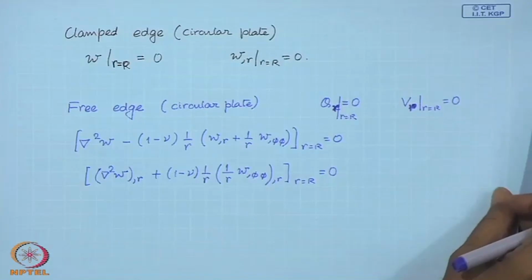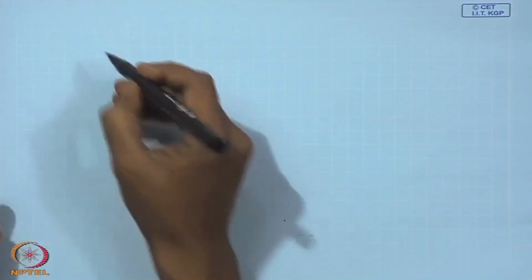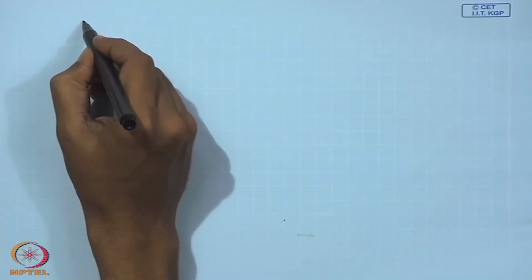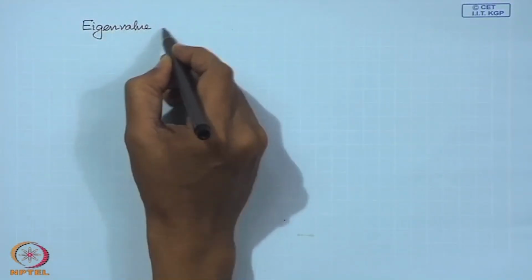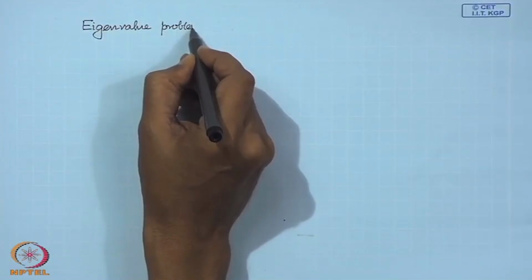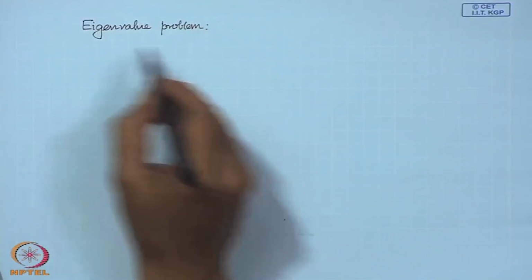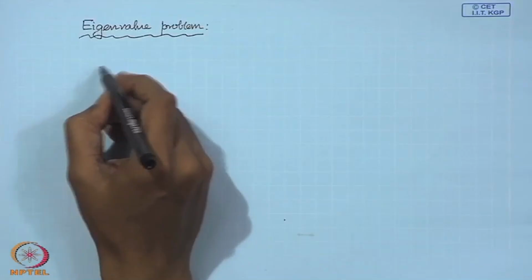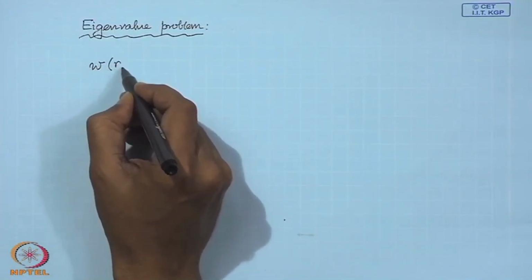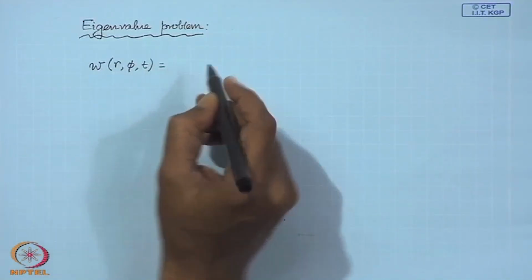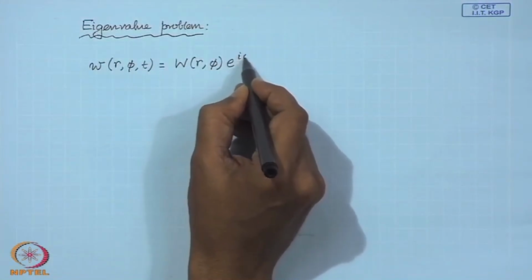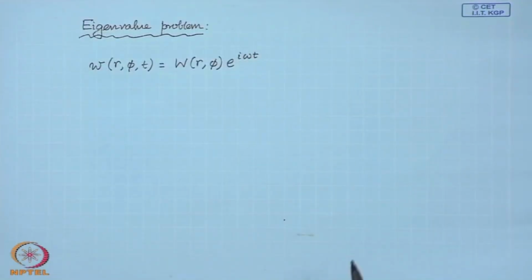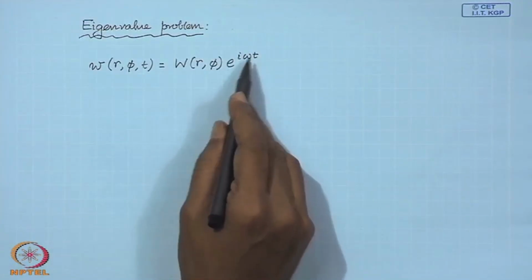Now, let us then look at the eigenvalue problem that we obtain when we do the modal analysis. We would be looking at solutions of the form separable in space and time.